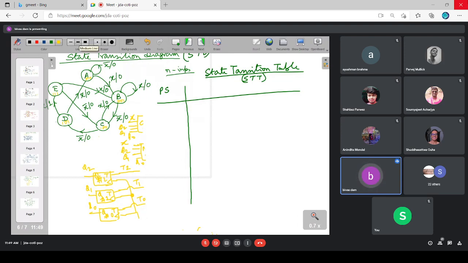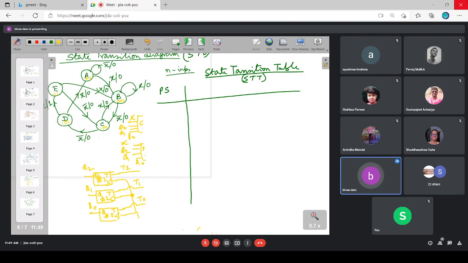Now, what is the starting point of realizing any combination logic block? Truth table. This next state present state table is nothing but that truth table, which is required to realize the output combination logic block and the next state combination logic block. Now, in both the combination logic blocks, what are the inputs?